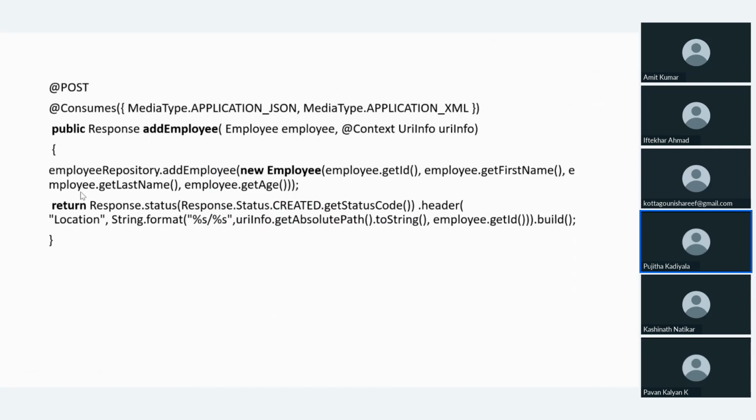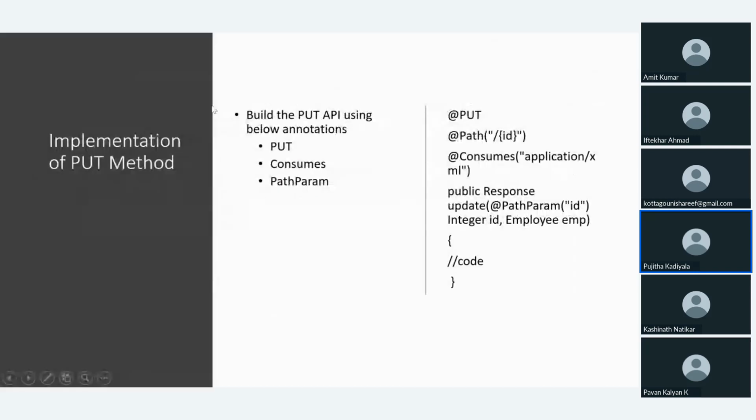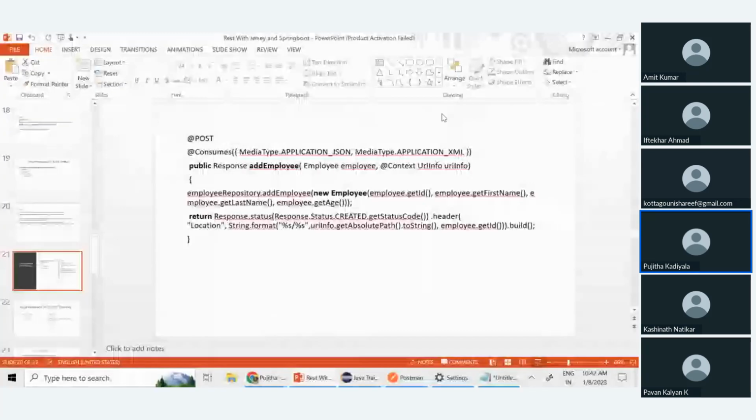Okay. So next one is put. And you can see the example here. Why do we use put, and what is the difference between put and post? Can anyone say? Everybody there or left?